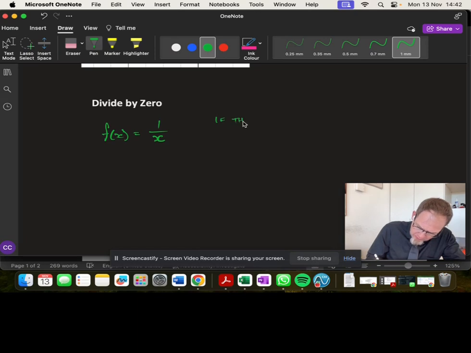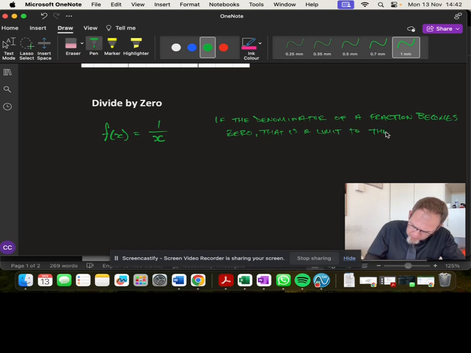If the denominator of a fraction becomes zero, that is a limit to the domain.